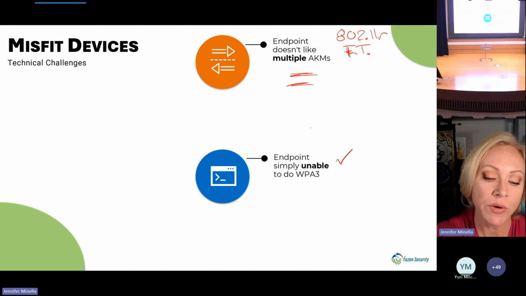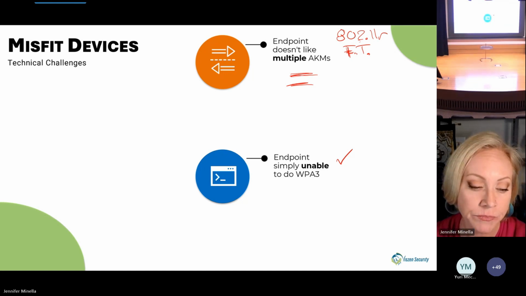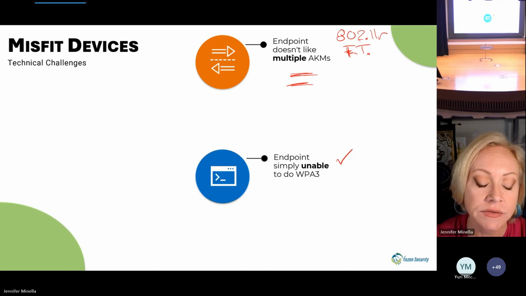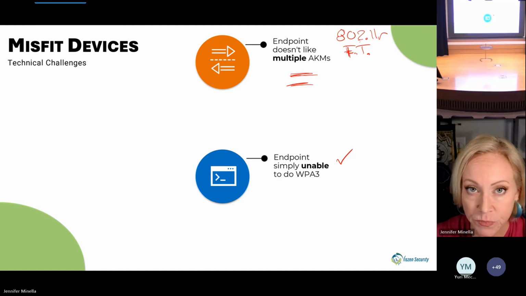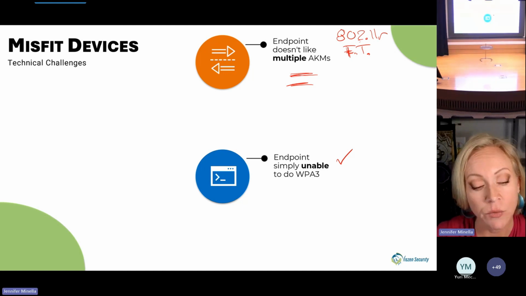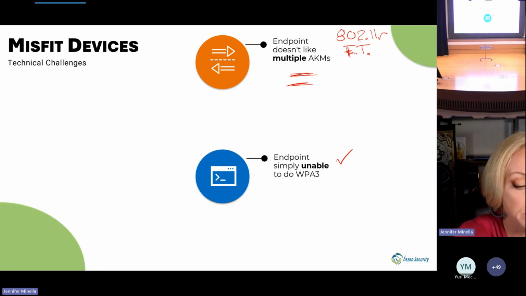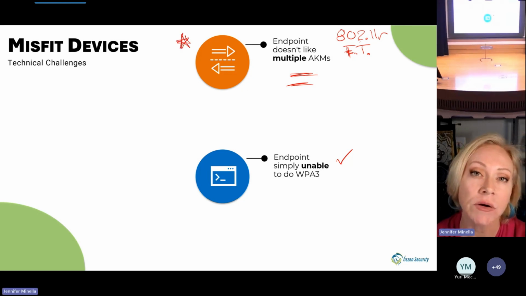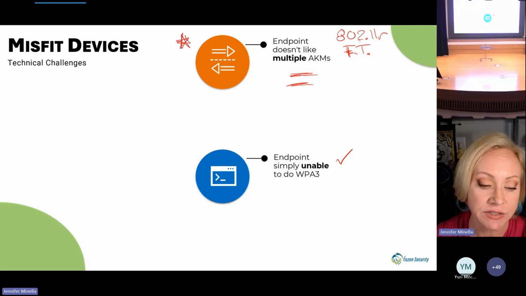And so some of the endpoints didn't like that. Some endpoints still don't like that. Now, they shouldn't fail, but they do. And you don't know that they do until you present them with multiple AKMs and then see what they do. And so this is a bit of a problem, especially for the endpoints that aren't getting regular updates like those IoT things.